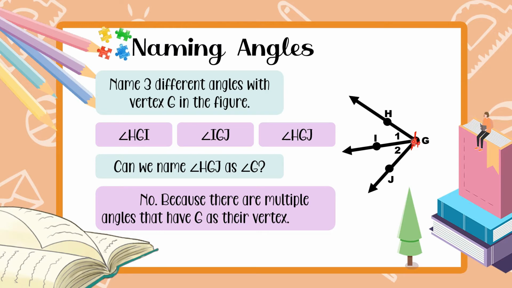Pag sinabi mong angle G, magkakalituhan tayo kung anong angle ba yung tinutukoy mo. HGI ba? IGJ ba? O yung HGJ? Yung angle lang na pwede mong tawagin gamit yung kanyang vertex ay yung angle na nag-iisa lang doon sa vertex na yon. Pero pag marami, hindi po pwede.